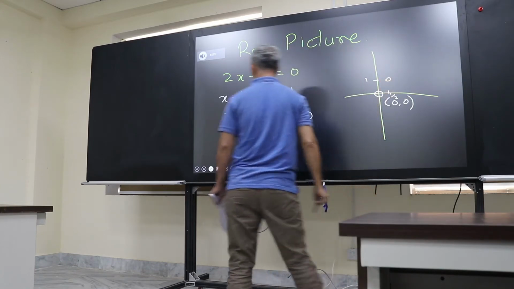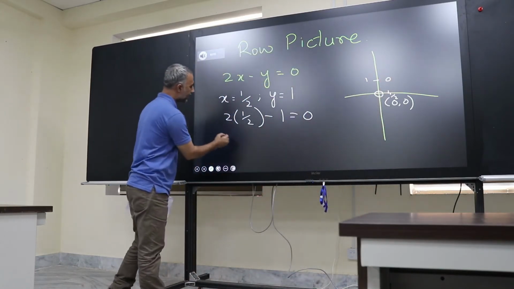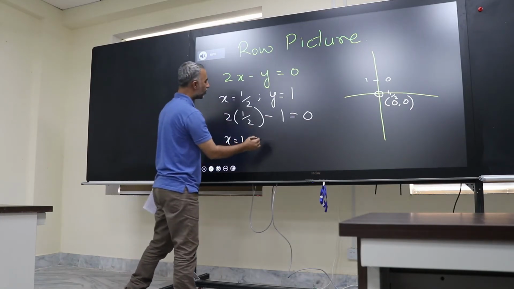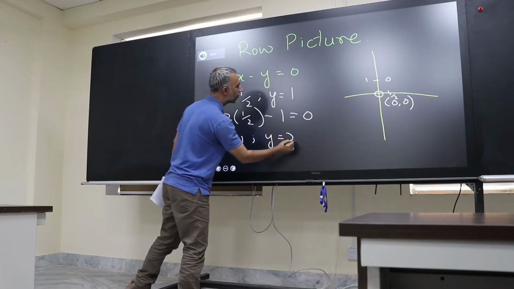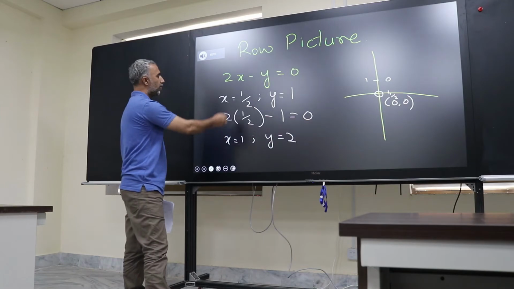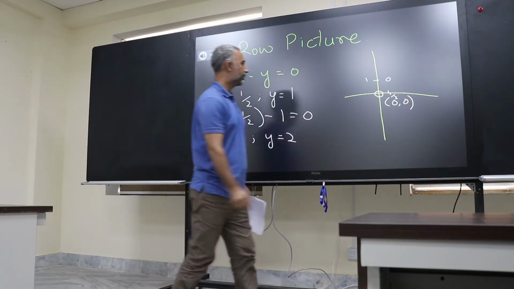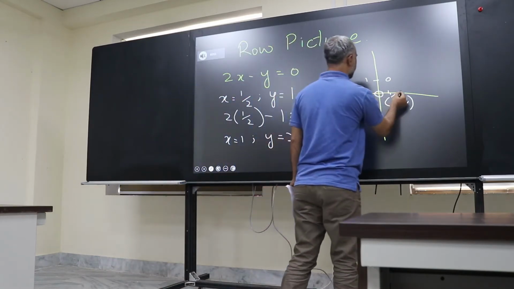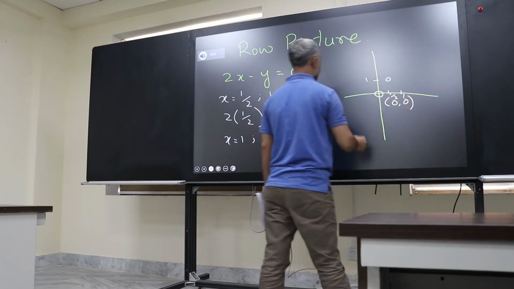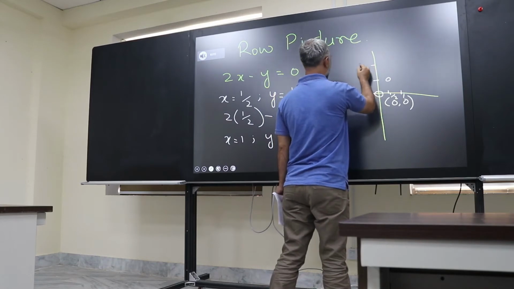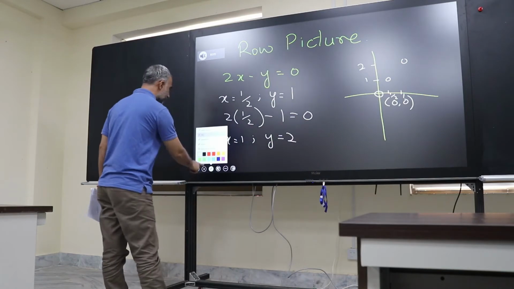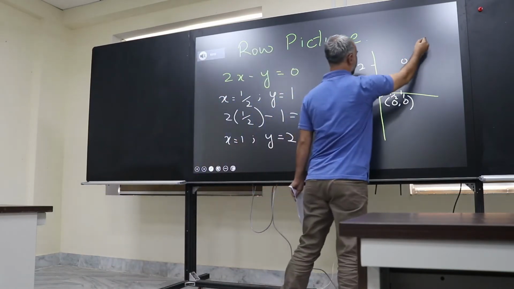This is another point. If we consider x equal to 1, in this case y should be 2. So this is representing some kind of line.